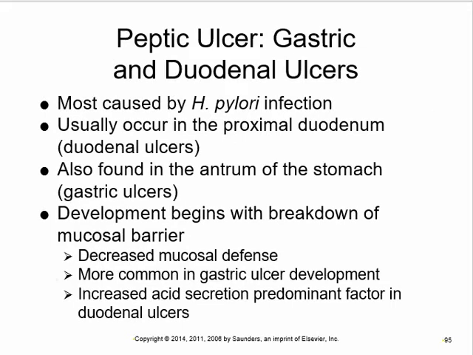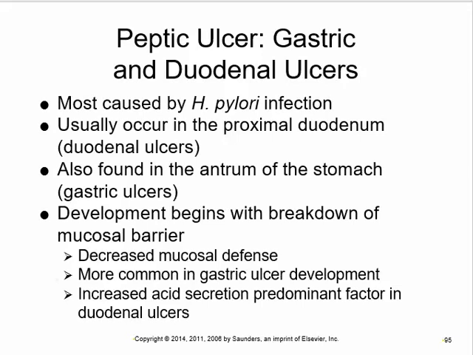So the ulcers, the biggest thing here is H. pylori, Helicobacter pylori. It usually happens in the proximal duodenum, and that's because there is less mucus protection of the endothelium in this area.